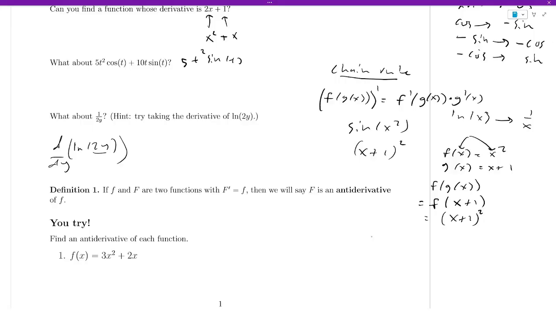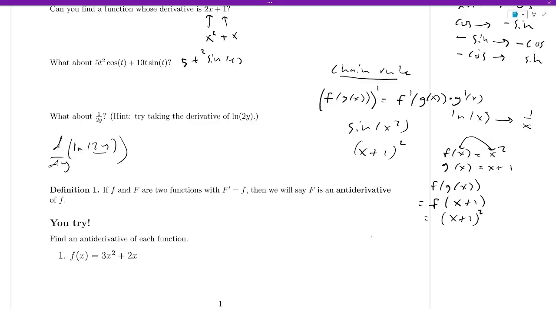Sometimes it's hard to think of what's the inside and the outside, but a lot of times it's straightforward. With sine of x squared, sine of x is the outside function, and x squared is the inside. And over here, log of something is the outside function, and 2y is the inside.